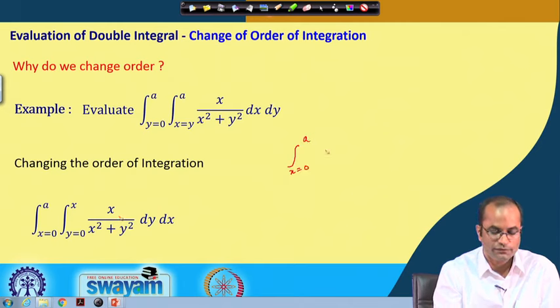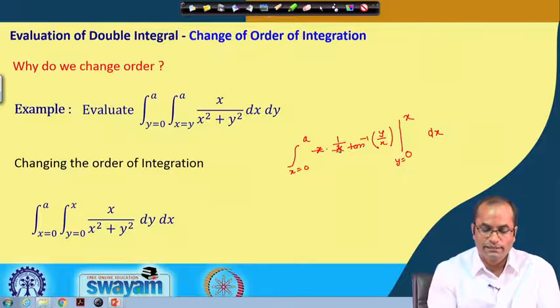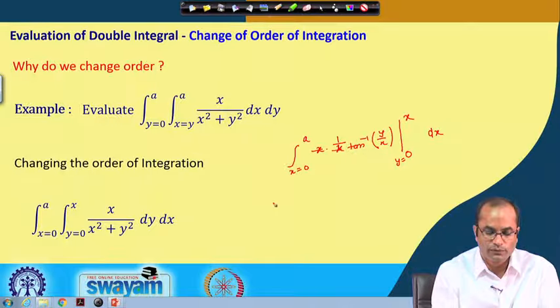So, 1 over x square plus y square will give 1 over x times tan inverse y over x, that is with respect to y, and then we have the limit for y from 0 to x and the outer integral in x. So, this x will get cancelled and we have tan inverse y over x.